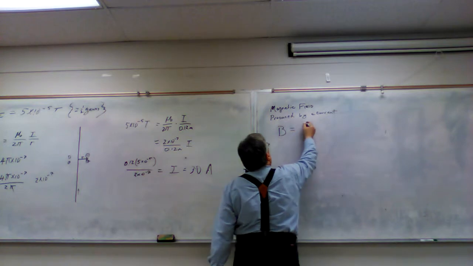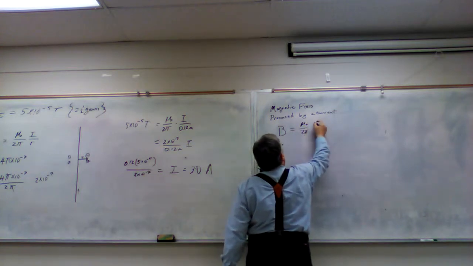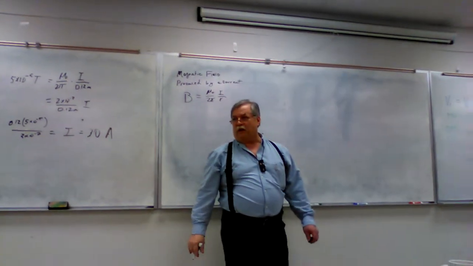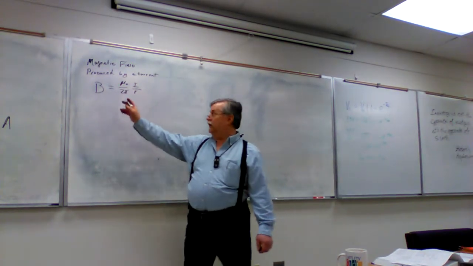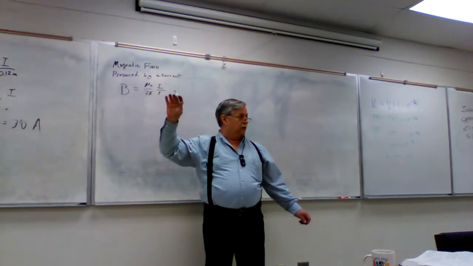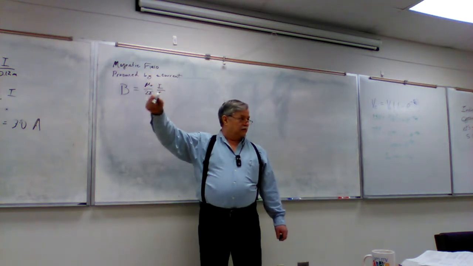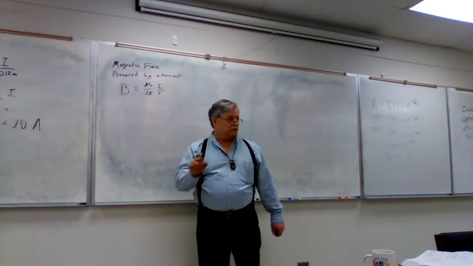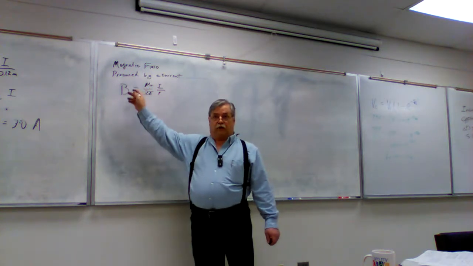B equals mu sub naught over 2 pi times the current divided by the radius or the distance from the wire. Remember, it's a long straight wire that we're dealing with. So the magnetic field it produces is always going to be circular. And so it's natural to talk about the magnetic field at a radius from that wire.